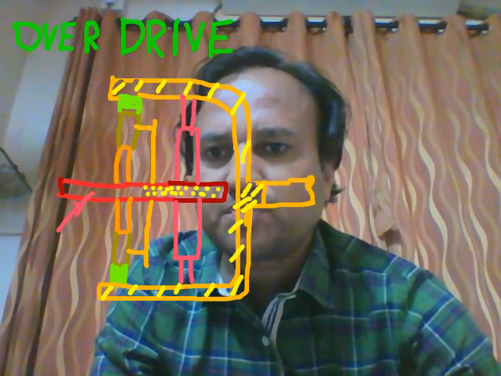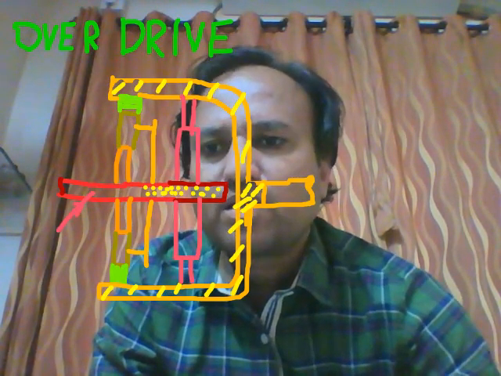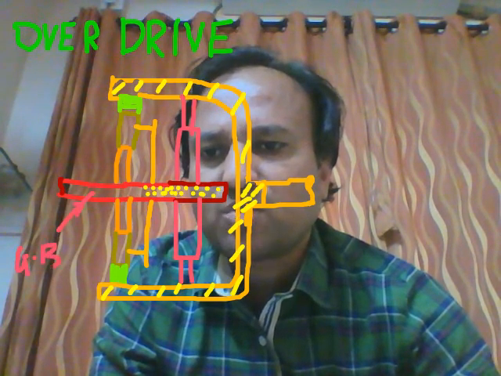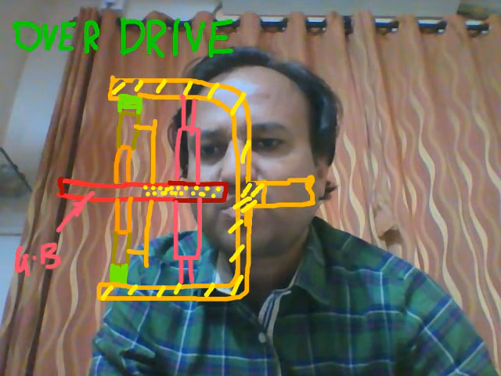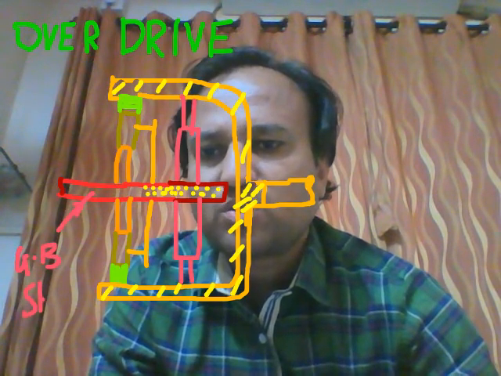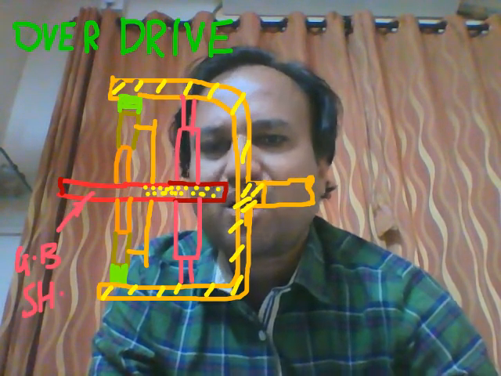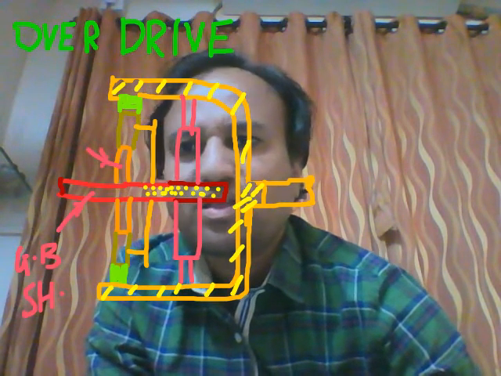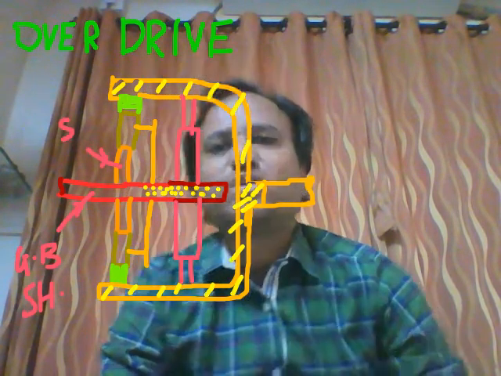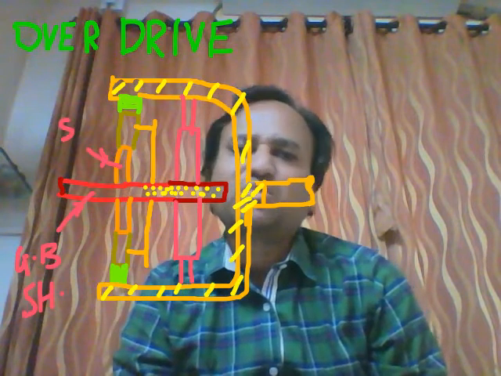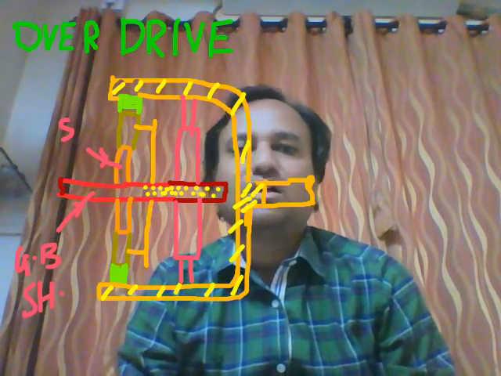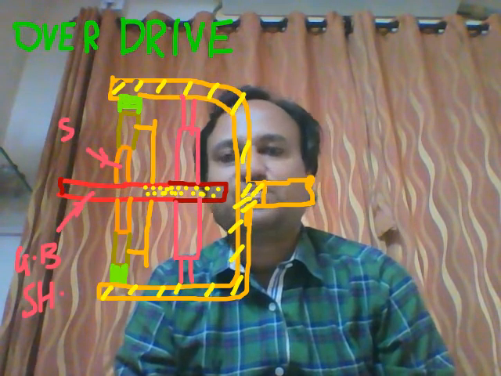So this is the gearbox shaft. So the shaft from gearbox, that is the main shaft of gearbox, that is the output shaft of gearbox, is connected to the sun gear. Again students, overdrive is one type of epicyclic gear train, a special purpose epicyclic gear train.